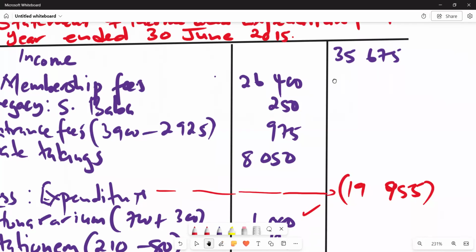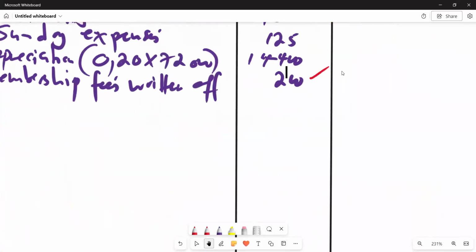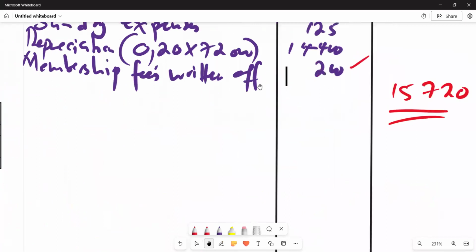So we go there and put the net figure that we will get by subtracting. Answer is going to be 15,720. So this is the final figure. In the description there is that we are transferring it to the accumulated fund.